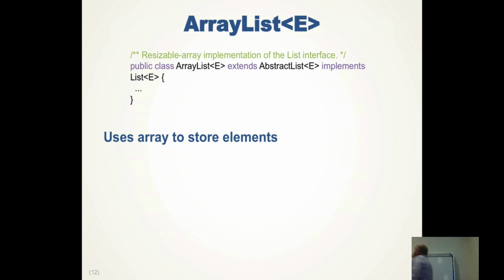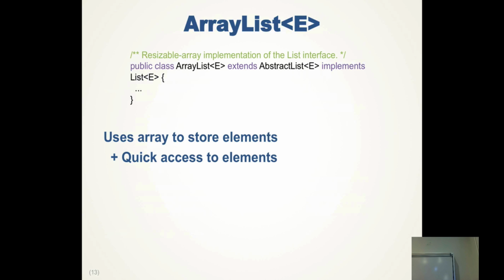An array list. We use an array to store the items in the list. One of the benefits of an array list is it's quick to get and set items. Why is that? If you're trying to say, what's the item at index 3, what do I need to do?